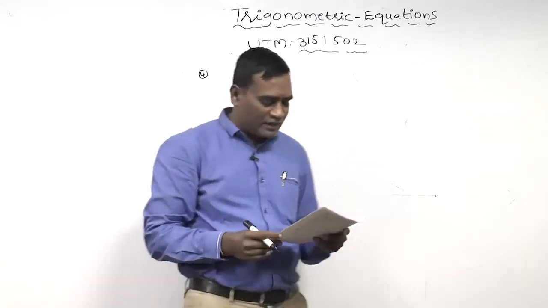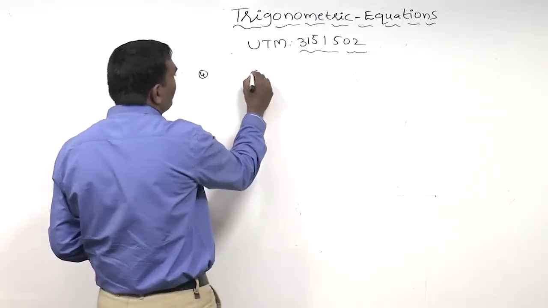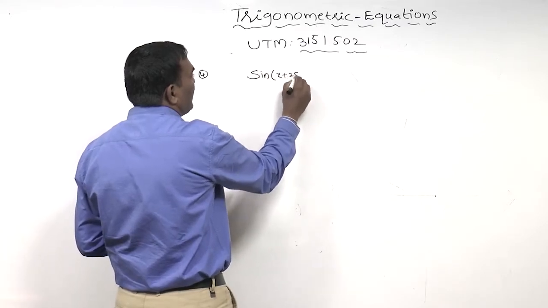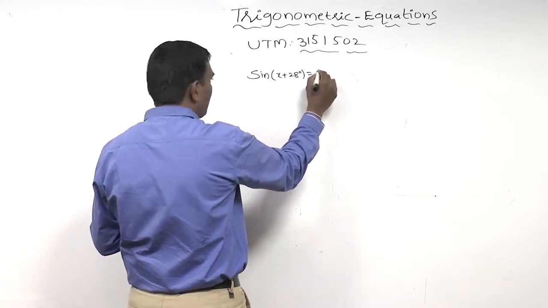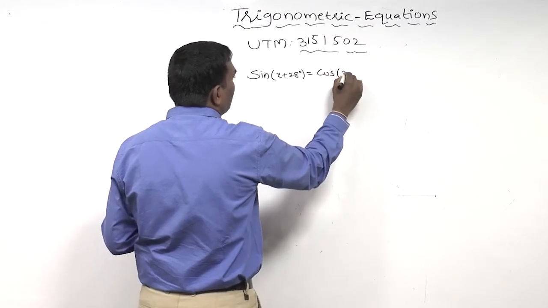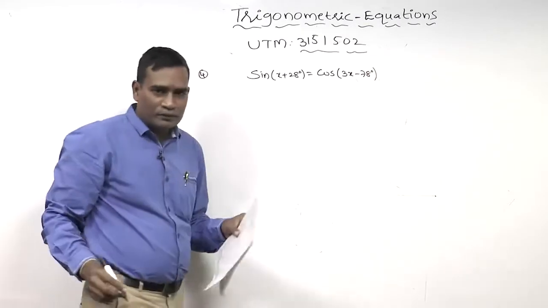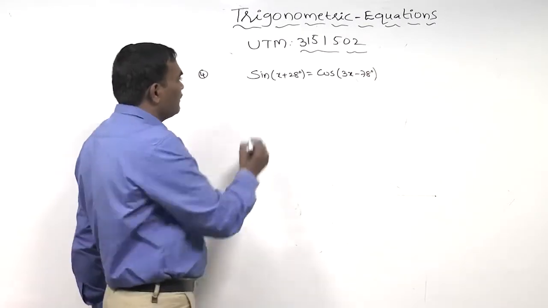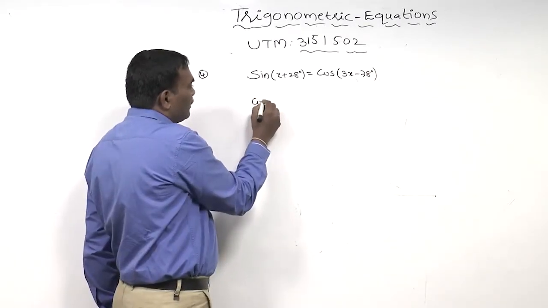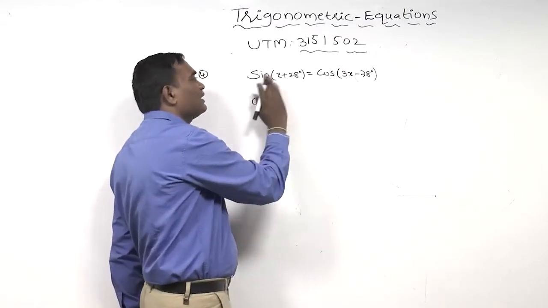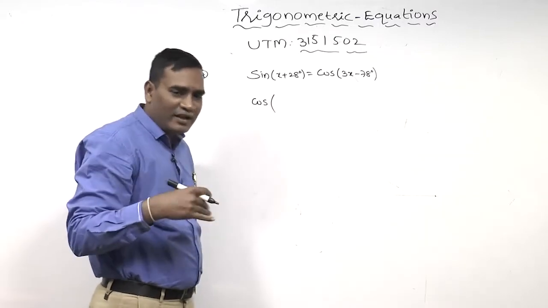Sin of (x + 28 degrees) is equal to cos of (3x − 78 degrees). Make it fast always. Here cos is there, here sine is there. I am changing sine into cos.